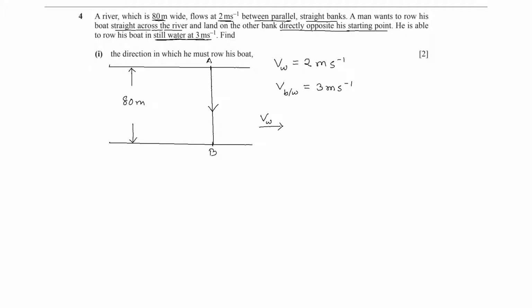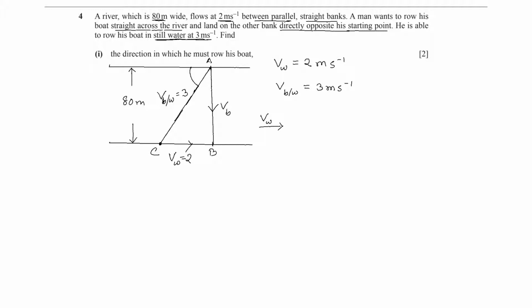Now let's say the direction of the water flows from left to right. So therefore the man must steer his boat somewhere in this direction. Let's say this direction is AC. And now let's put the values. So Vw is equal to 2 and V relative to water is 3 meter per second, and AB is the resultant velocity. We might need to find that.